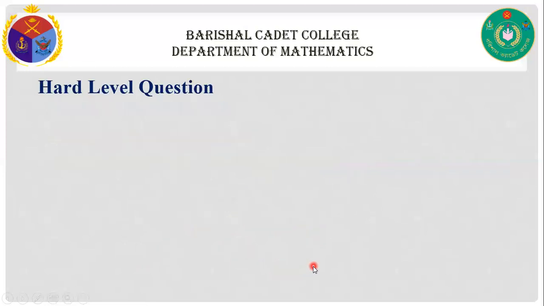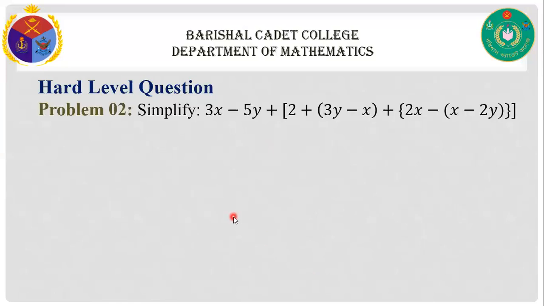Now hard level question, another hard level and last hard level question is problem 2, simplify 3x minus 5y plus {2 plus [3y minus x] plus [2x minus (x minus 2y)]}.